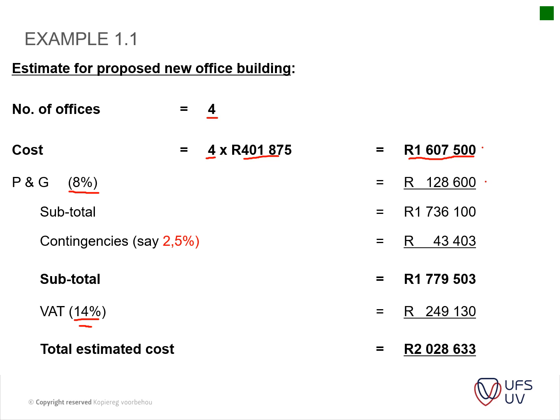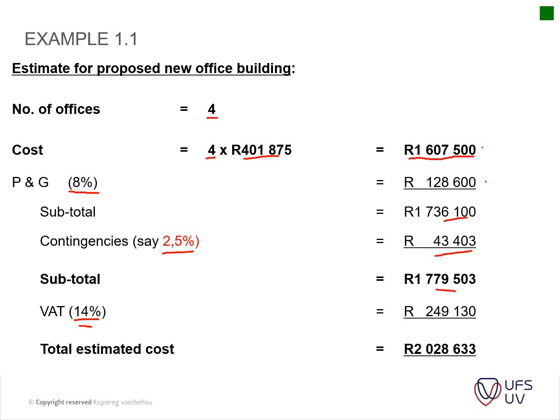Same with your contingencies here. Whenever there's nothing provided, rather use 10% for contingencies. That is a standard rate that everyone's familiar with in the industry, so you're more than welcome to use that. So you get your new subtotal, and then you add your contingencies to that, and then you've got your subtotal.